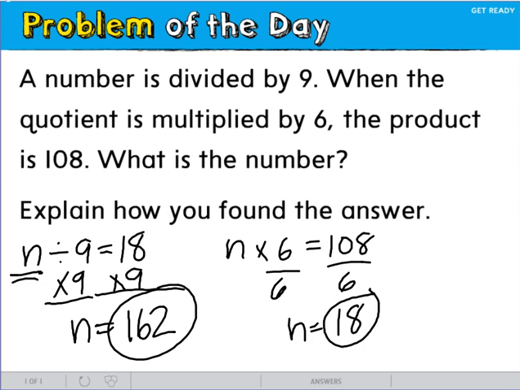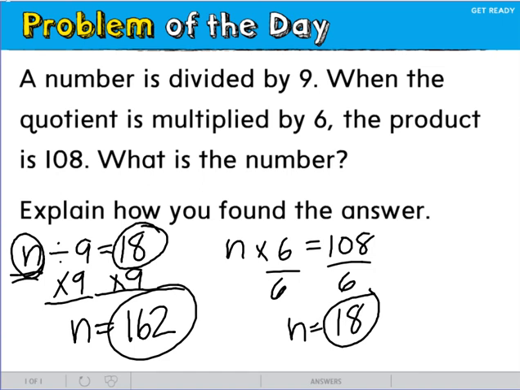So, you guys started the problem right, but you lost track of the fact that the number that you were looking for in the first place was the quotient to figure out the number that you wanted to find in the end.